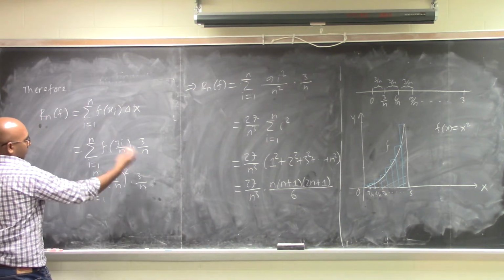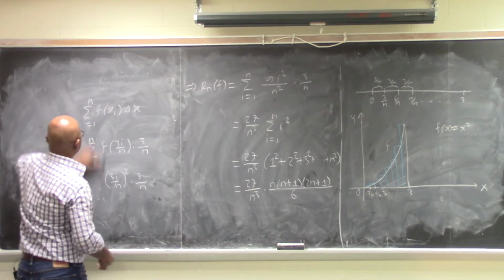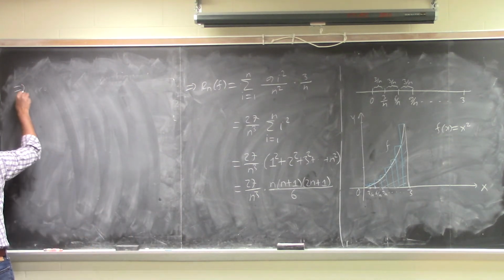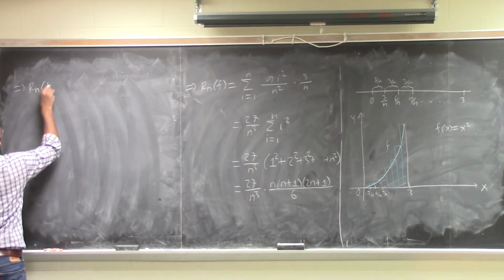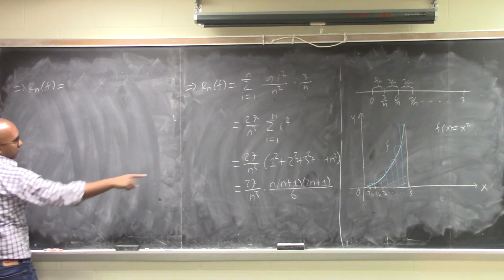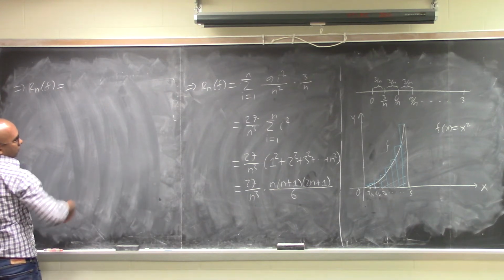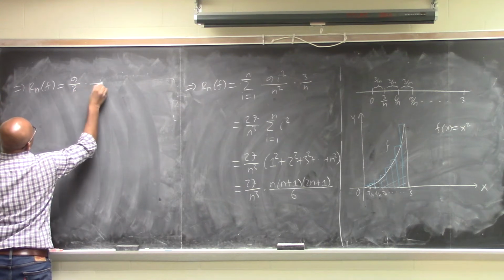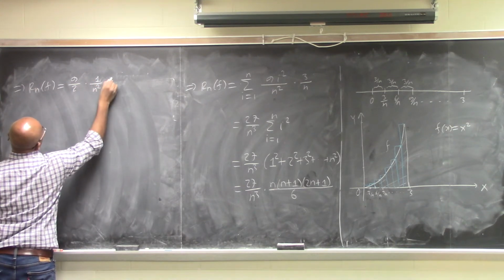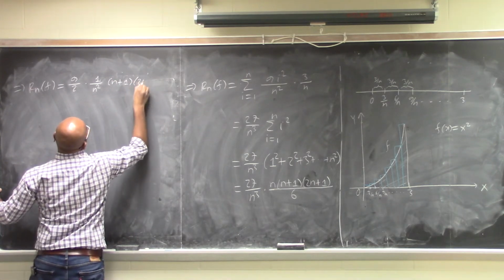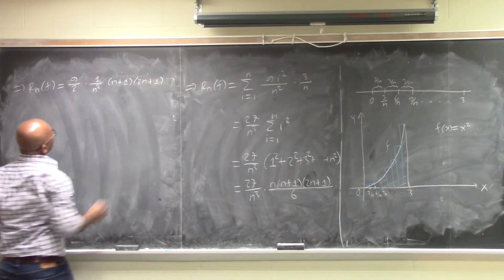I'm going to finish the calculation here. So that means R_n of f is now, we'll cancel one of those n, so this is 9 over 2 and then 1 over n squared, n plus 1 times 2n plus 1.